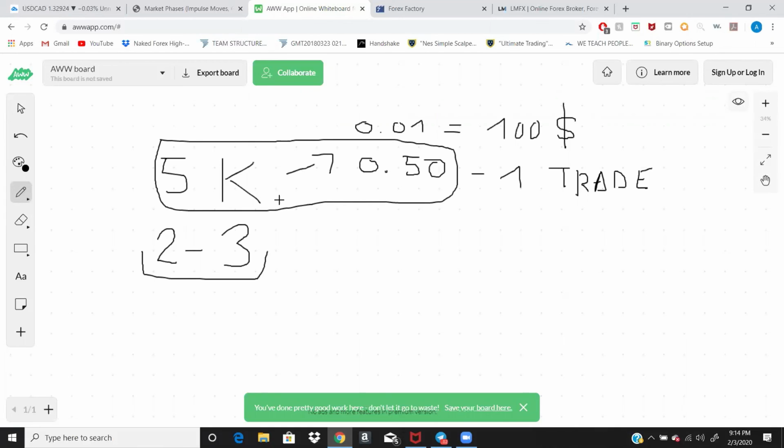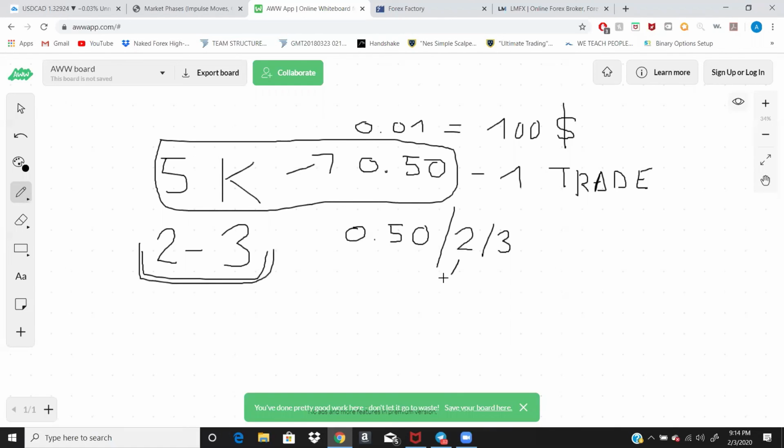If you do decide to enter 2 to 3 trades, this lot size of half lot, or 50 cents, or $5 per pip, whichever way you want to remember, has to be divided by 2 to 3, depending how many trades you take.